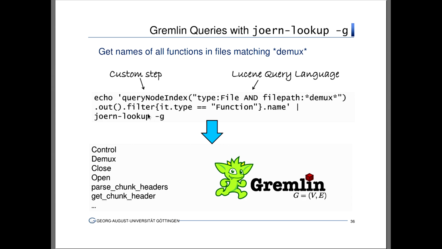So we can say things like, from those file nodes, go out and filter all the functions. This will give you all the functions and print their name. So suddenly, you're going from files to functions, and you get all the functions in files named demux, right? Yeah, that's what that looks like.